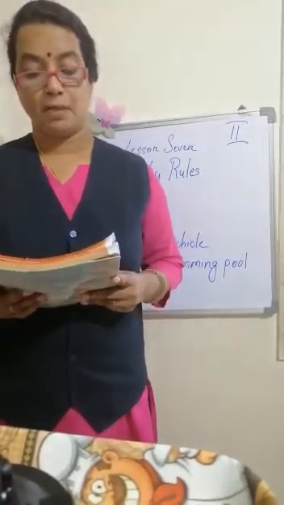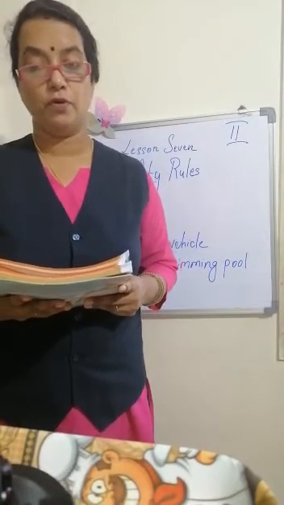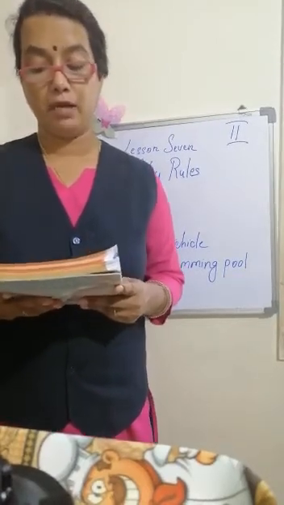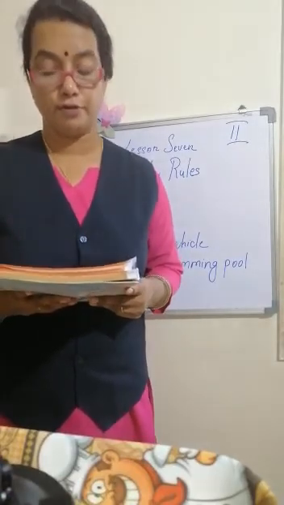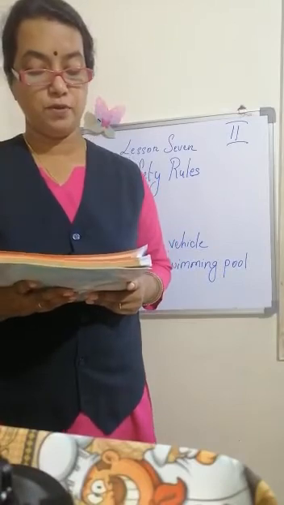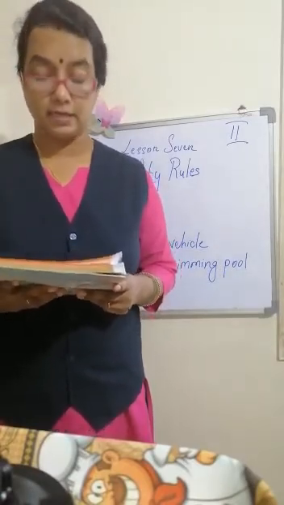Okay. Now the next one is safety rules to be followed on the road. मैंने दो लिखा है. Never play or run on the road. Be alert and careful on the road. ये दो points I have written. Next is safety rules to be followed in the swimming pool is swim only in the presence of an adult.